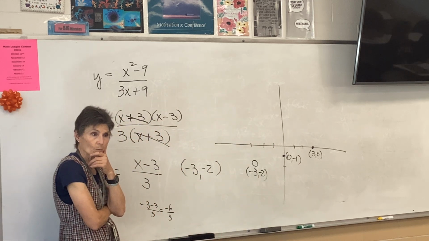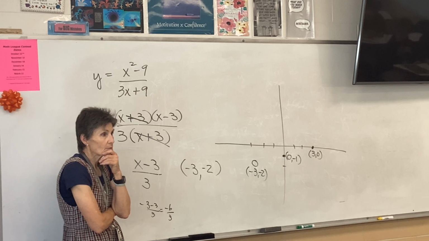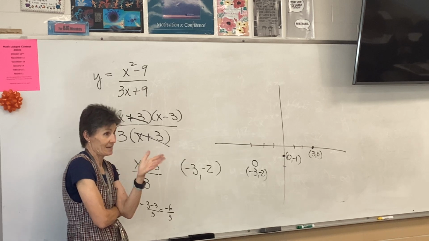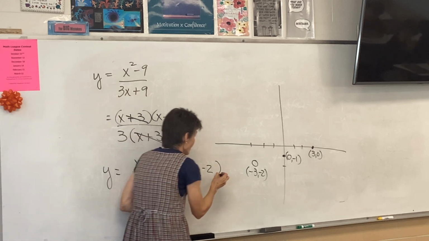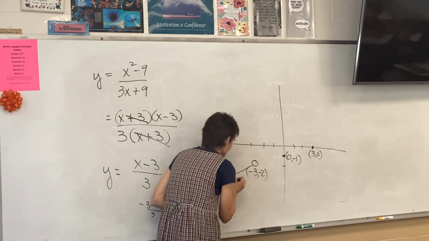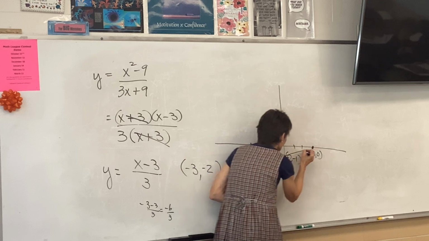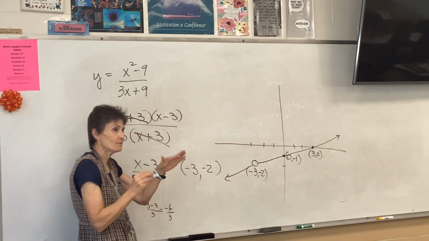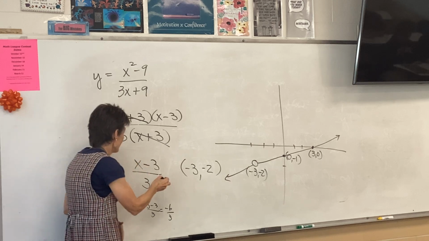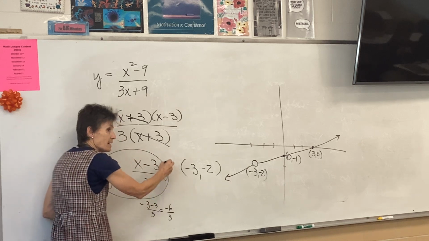What in the world? It's a linear line. Yeah, lines are linear. It is a line with a hole in the middle of it. That is exactly right. Before you get confused, this is what we graphed after we canceled.